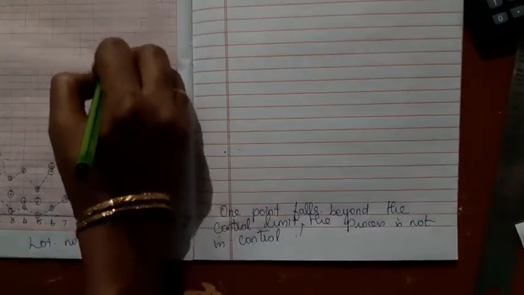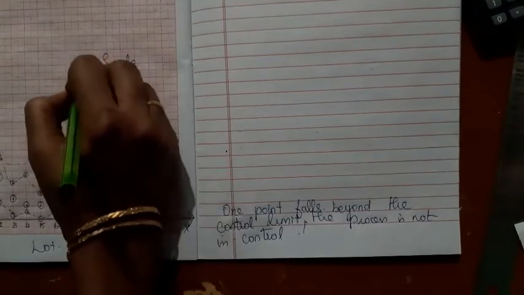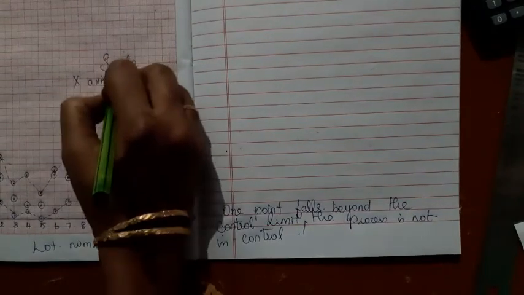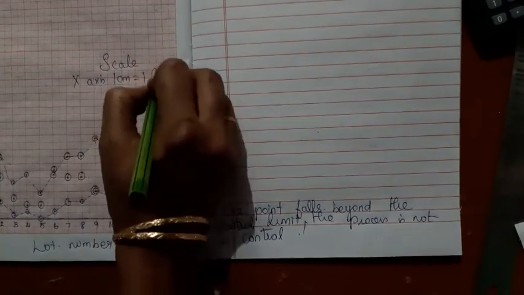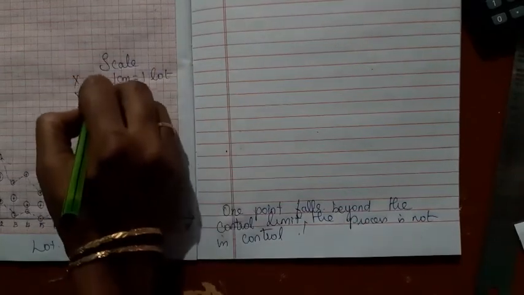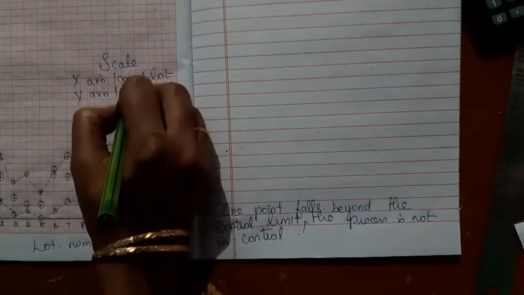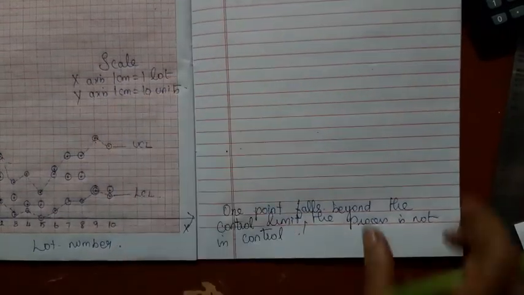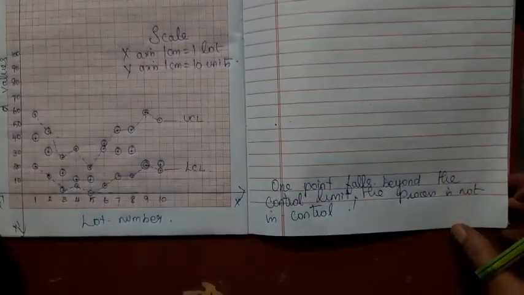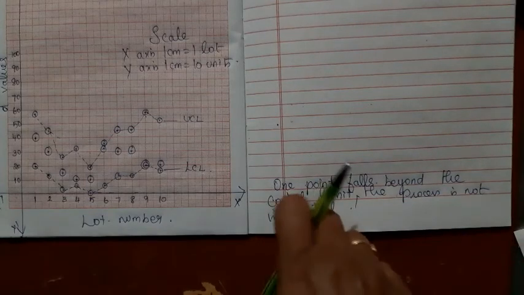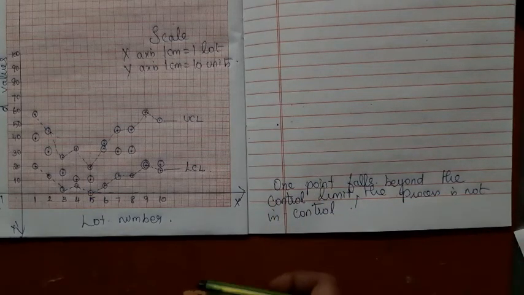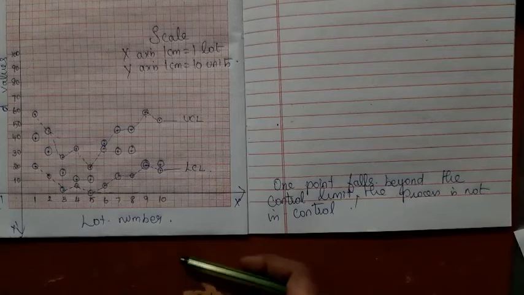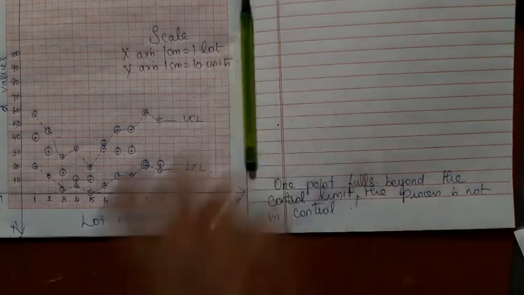Right? Let us write the scale. X-axis 1 centimeter equal to 1 lot or 1 unit. Y-axis 1 centimeter equal to 10 units. Right? So this is the way you construct the control chart for the number of defectives with varying sample size. Okay, thank you.